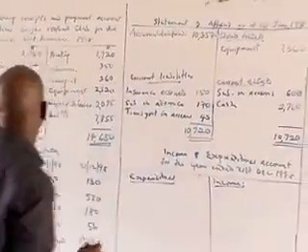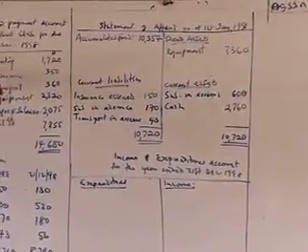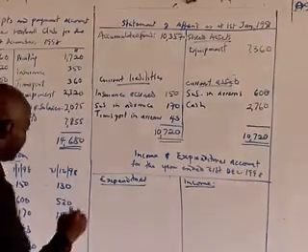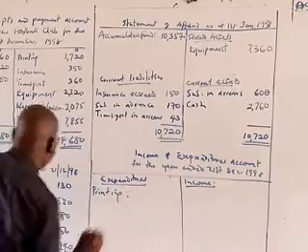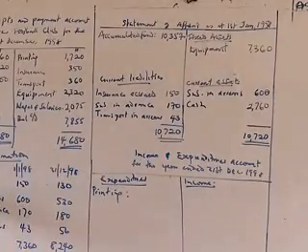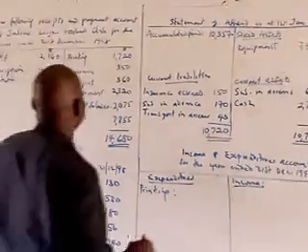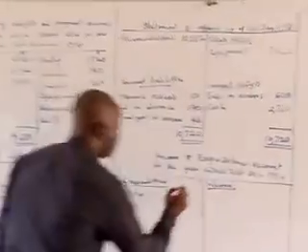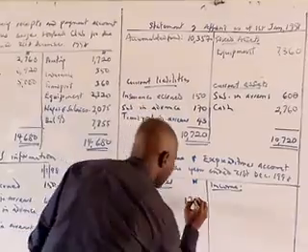So what are our expenditures? We have printing. Do you have additional information for printing? No additional information for printing. The value of printing is 1,720.